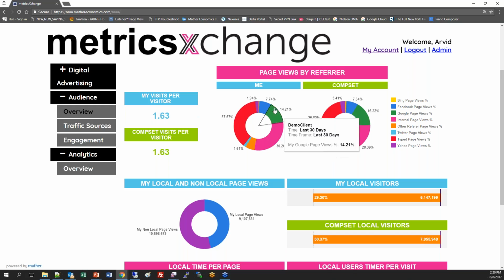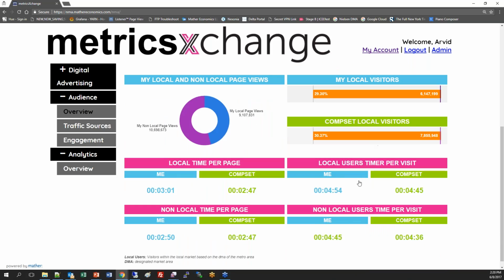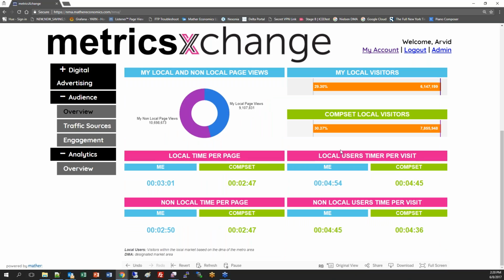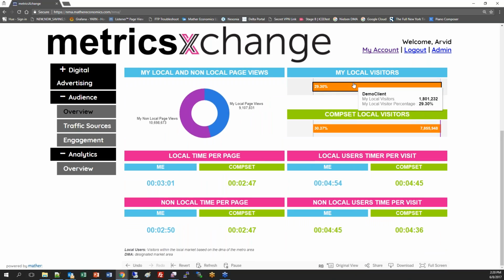I'm also breaking down my referral traffic. We sometimes see some publishers skew heavily to Facebook or to Google. I can see I'm pretty much in line with my comp set here, so nothing too shocking. Then we break down the source of the traffic and the time spent. For the most part, about 30% of my visitors are local, which means they're within my market area.